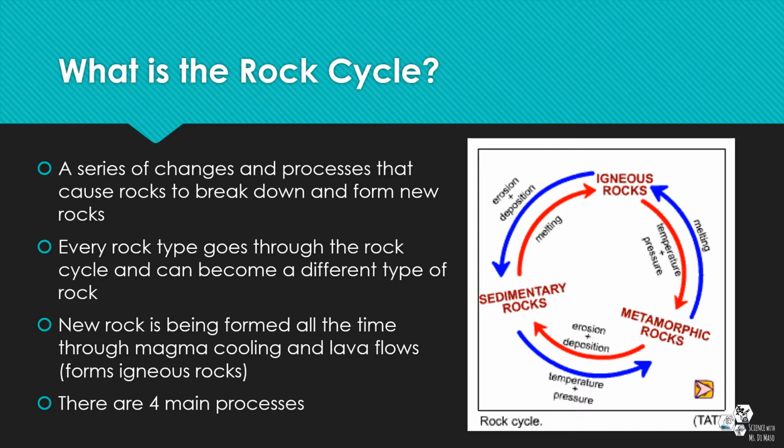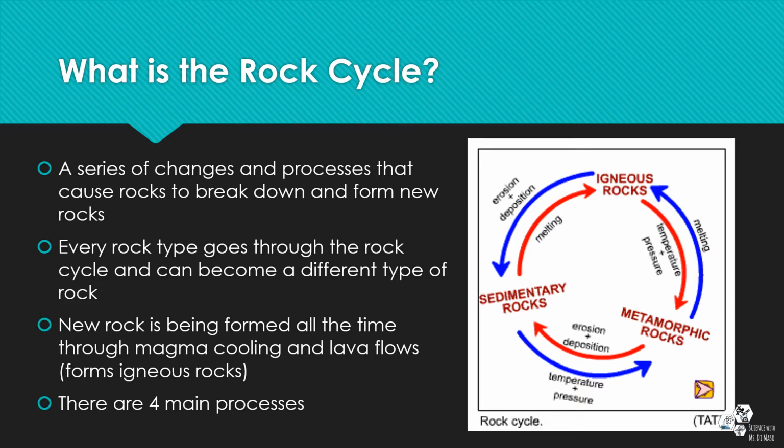Remember when we talked about how magma can rise to the surface and cool, or how it can actually break through the crust and come onto the ground, and we can see it in the form of lava and it cools that way, and we form igneous rocks. Well, we're constantly forming new rock that way, and then the rocks that we do have are constantly changing forms between igneous, sedimentary, and metamorphic rock. And the rock cycle is the description of how that happens.